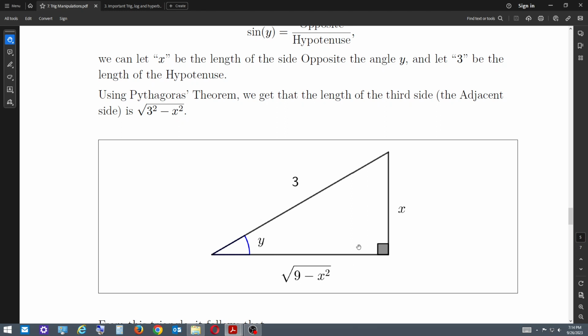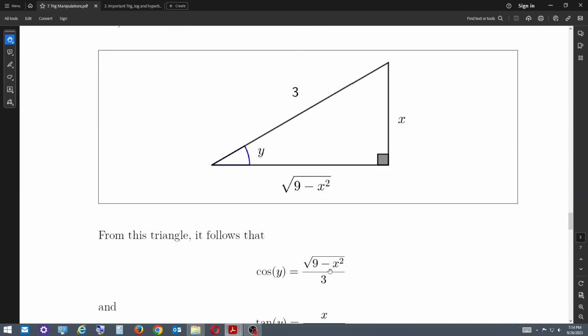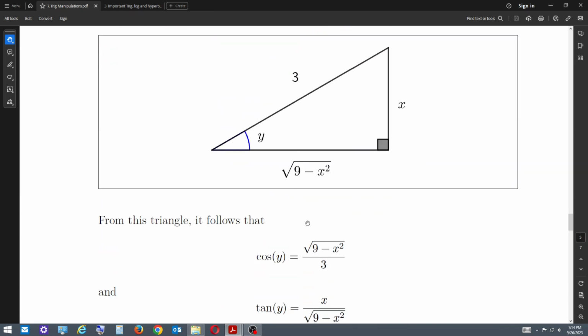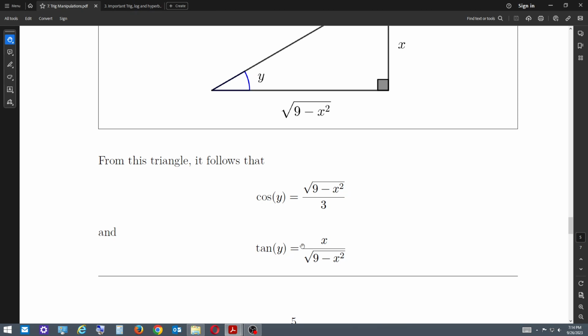Of course, it'll be much less explaining to do if you draw the triangle. If you simply draw the triangle, put down the sides, and write down what this is, then you don't need to explain all of that. You can easily see from the triangle what these work out to be.